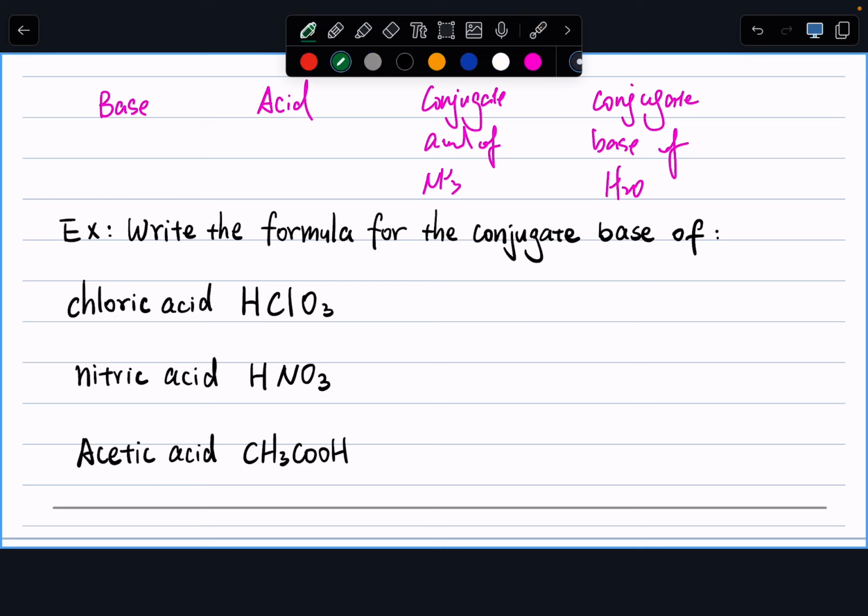So my chloric acid donates a proton to form a conjugate base, which will be ClO3 minus. The nitric acid, that's the same. We have NO3 minus. Your acetic acid, that's CH3COO minus.